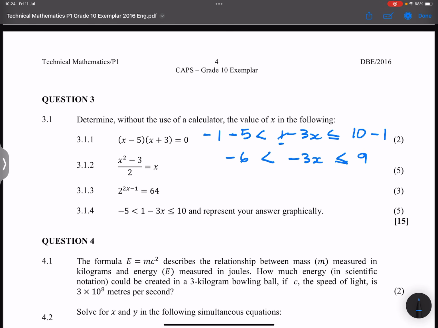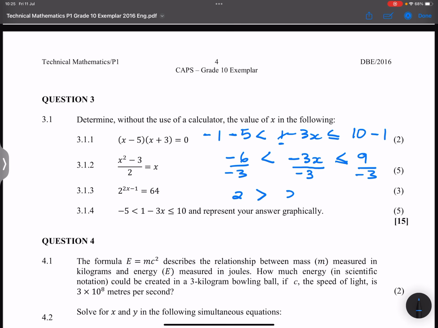So if I divide by negative 3, now remember, whenever you divide by a negative, the inequality changes sign. So negative 6 divided by negative 3 gives me 2, but the inequality changes sign.